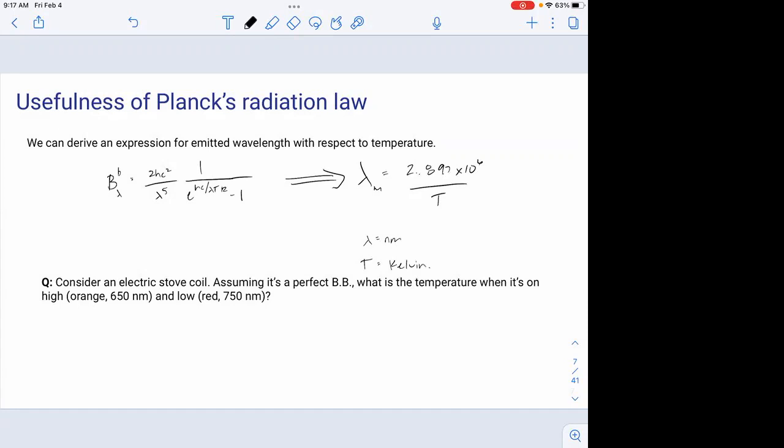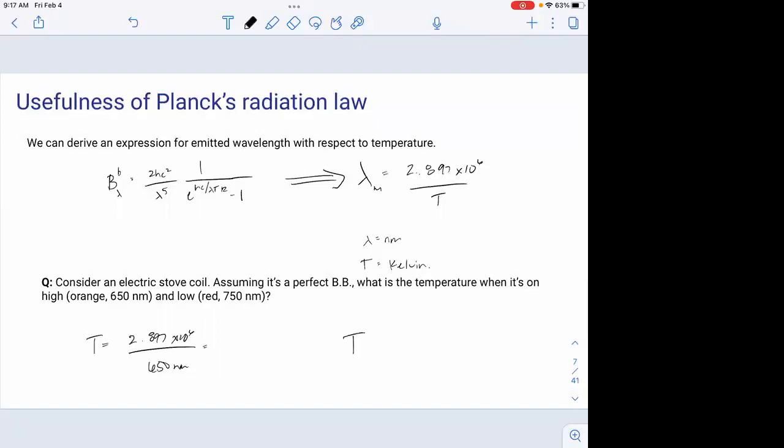So in this question below, I'm asking you to consider that electric stove coil that you might have in your house, assuming it's a perfect black body. What is the temperature of the coil when it's on high, meaning like a color of orange, and low when it's like red? And so I could calculate this. T equal to 2.897 times 10 to the 6th over 650 nanometers would be something like, I'll let you calculate that number, right?